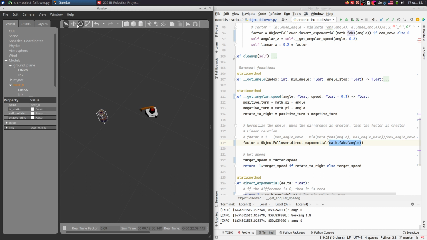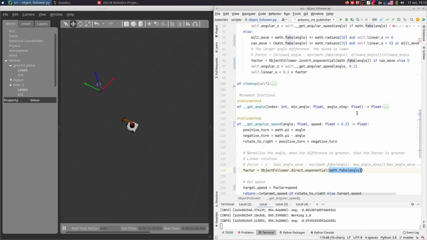Also, I noticed that, for example, right now we are moving in this direction, to the bottom left. But if we move to the top left, and also we don't have a degree too large, the robot moves slowly, but I do not know the reason.